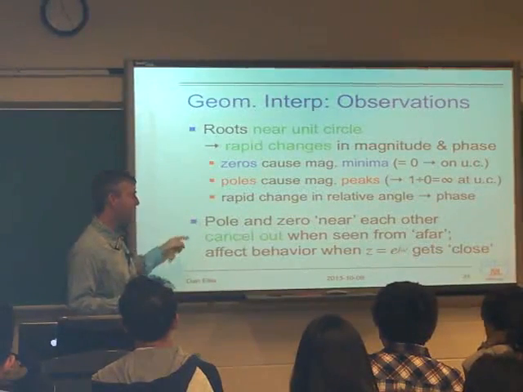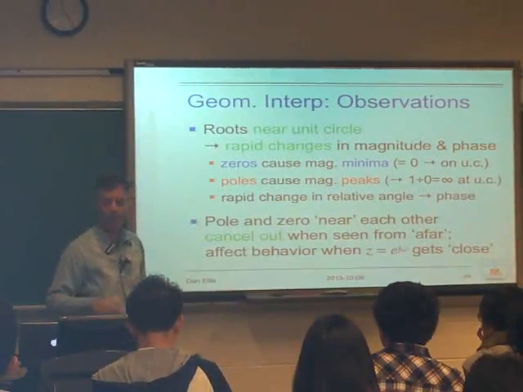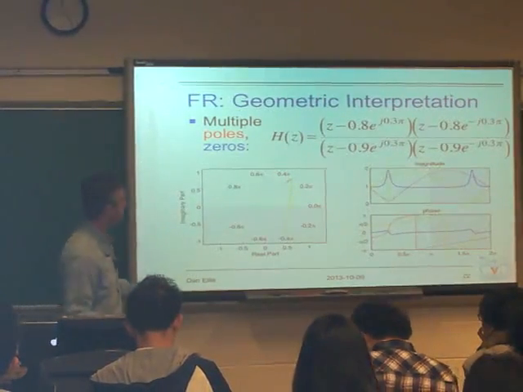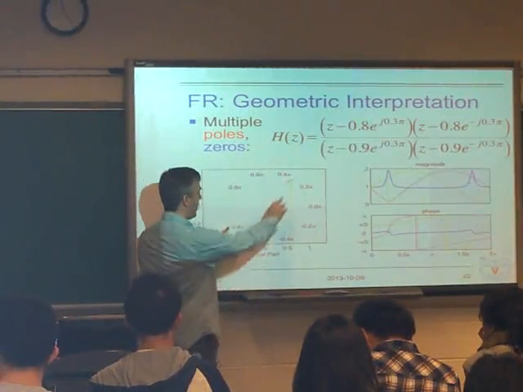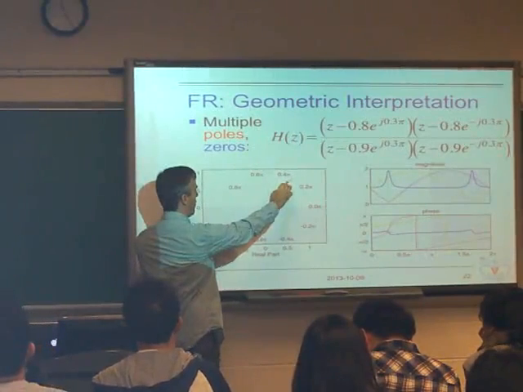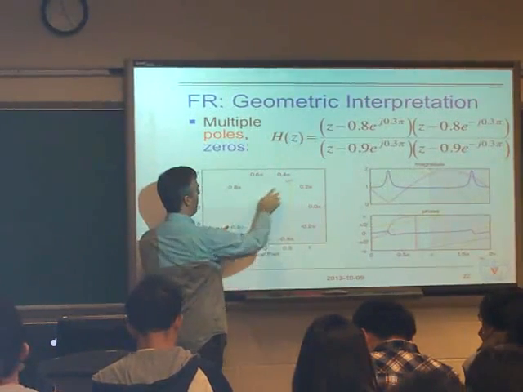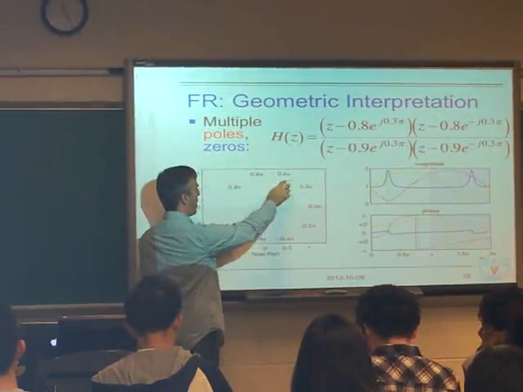The other thing was this thing that we noticed when we had the pole and zero close to each other. In a way, you can think about the influence of these two roots on values over here as basically the ratio of the two vectors, the vector of the zero divided by the vector of the pole.